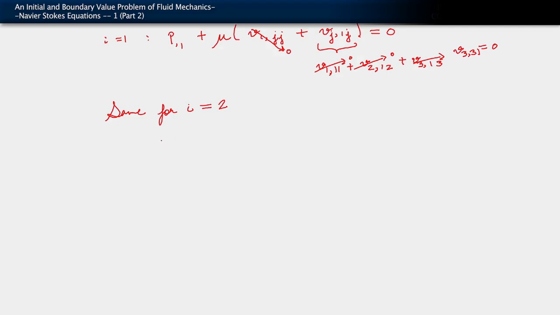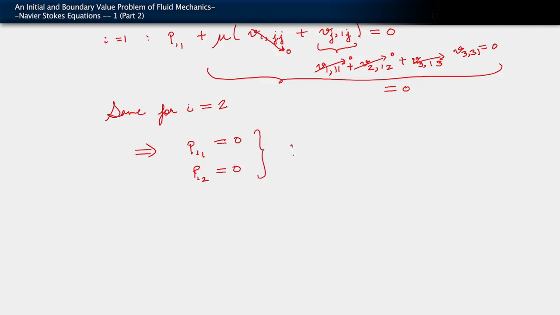So since all of this on the right hand side goes to 0, this implies that p comma 1 equals 0, p comma 2 equals 0. So the pressure is a function of x3 alone. From here we see that p equals p as a function of x3 alone.